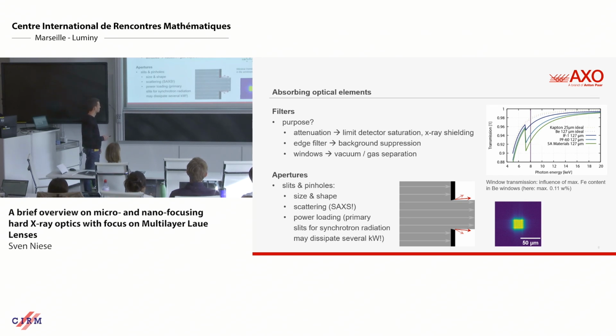Of course, the scattering from the apertures is also of interest, so you probably want to go to single crystalline material. And as I told you, for the ID13 beamline the power loading might also be of interest. If you have this 8 kilowatt source and you still want just a couple of 100 microns opening, they also need to dissipate some power.